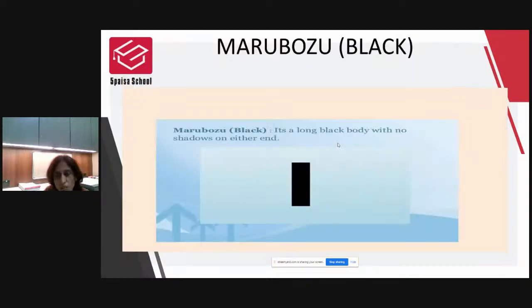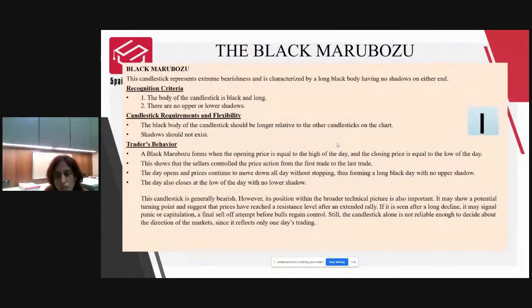Now let's come to the black ones. The black MARUBOZU is a long black body with no shadow on either side. So what does it mean? A black MARUBOZU reflects extreme bearishness and is characterized by a long black body or a long red body, either of the two.